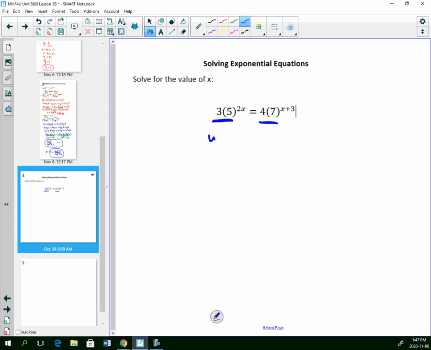We cannot multiply these together. Okay, you cannot multiply 3 times 5 and get 15, or 4 times 7 and get 28, because that's not really a 5, right? If you multiply it by 5, you're assuming it's 5, but it's not. It's 5 with a power of 2x.